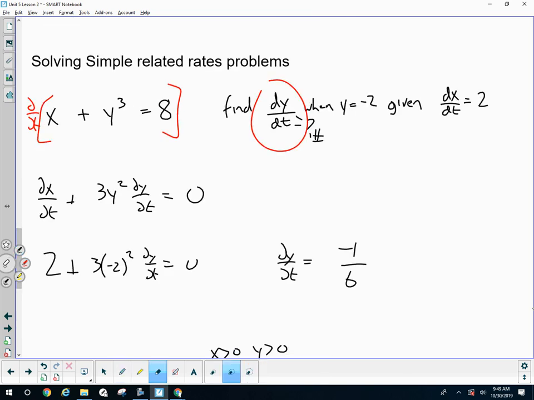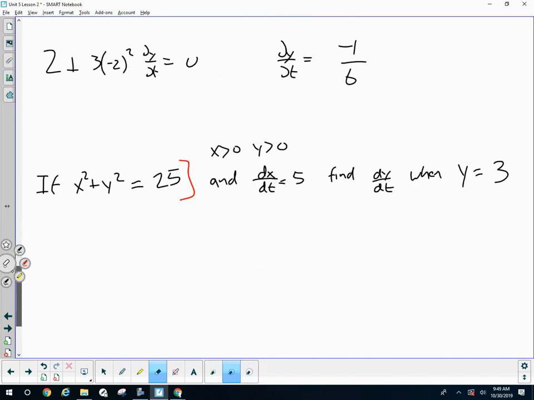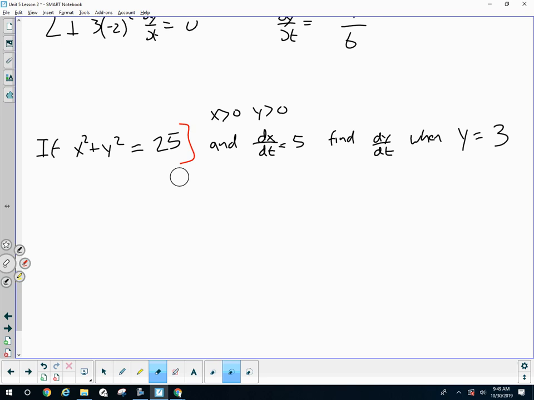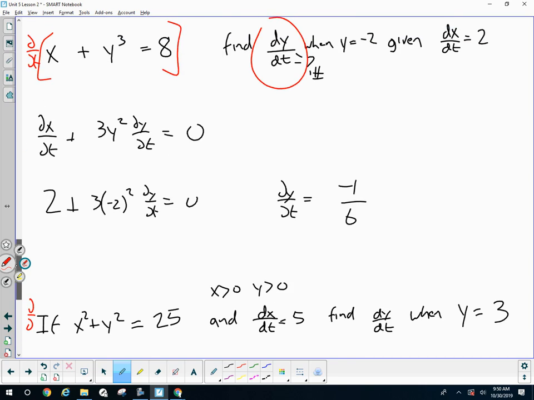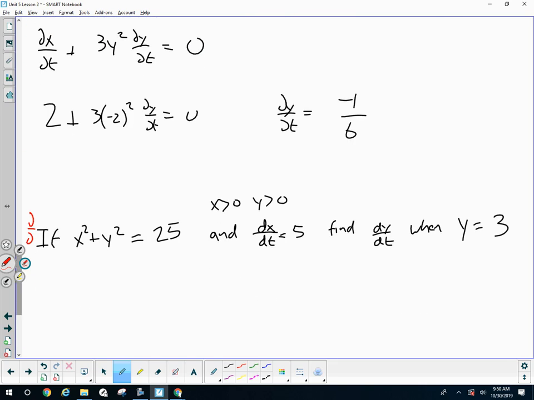If x squared plus y squared equals 25, dx/dt equals 5, find dy/dt when y equals 3. Okay, so I need dy/dt. Let's switch this because I don't want you to get confused. Let's say dy/dt equals 5. Find dx/dt.